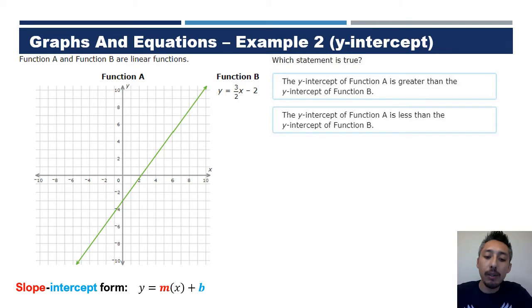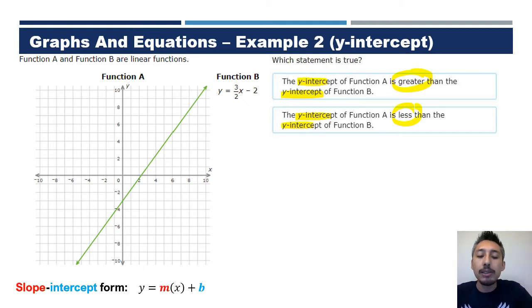So again, the key words for this problem are y-intercept. We see that all over. We're asking ourselves which one is greater or less. So is the y-intercept of function a greater, or is the y-intercept of function b greater? Let's start off with our equation like we did before.